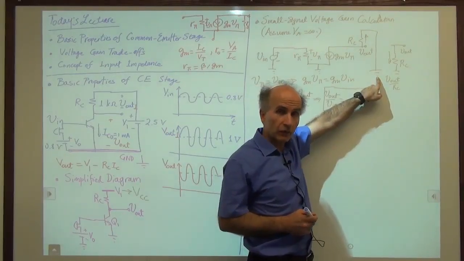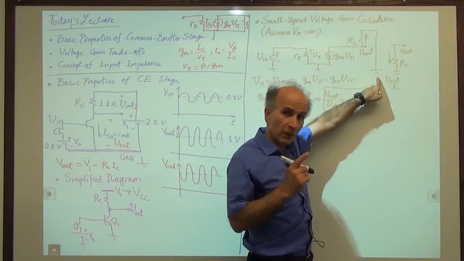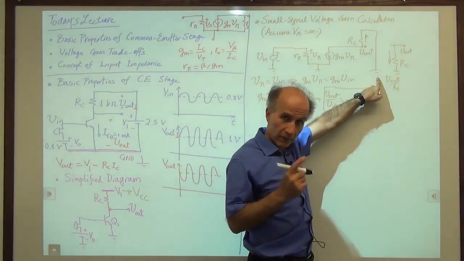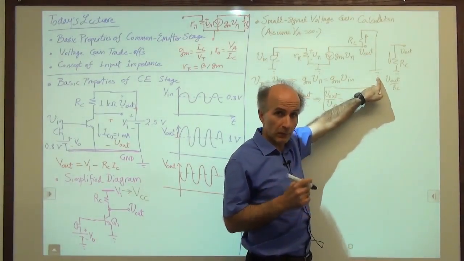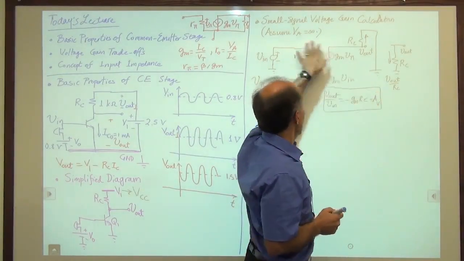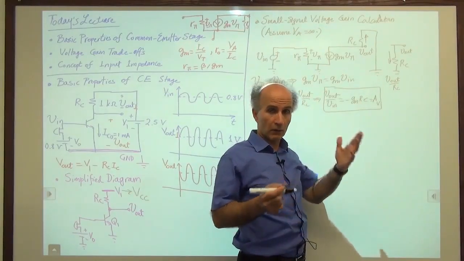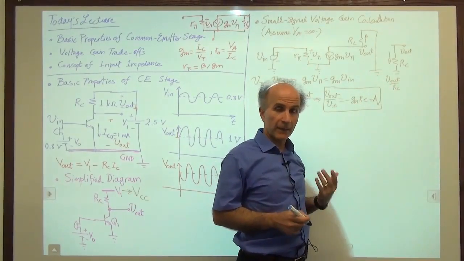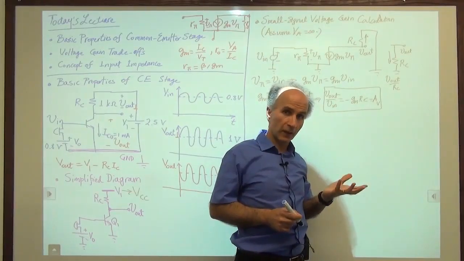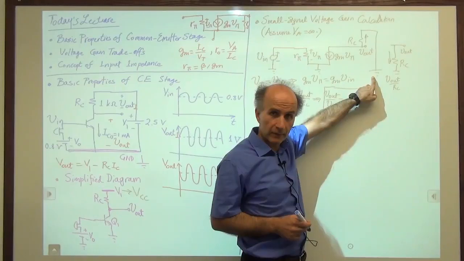But this ground came about for a different reason. This ground came about because we set the voltage V1, that voltage source, VCC or V1, to 0, because its value doesn't change. Now, as far as this model is concerned, this is a ground, this is a ground, they're equally good, no problem. But sometimes, just to distinguish things, we might call this an AC ground.